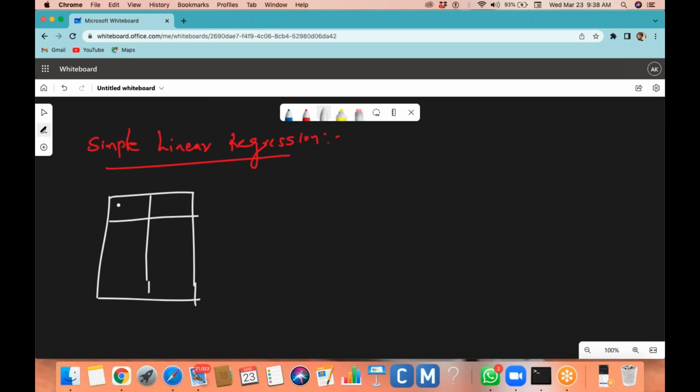Let me consider this is my input data and this is my output data. For each input, for example 1, 2, 3 and 4, this is my input data. And the corresponding output data is, for example, 2, 4, 6, and this could be 8.